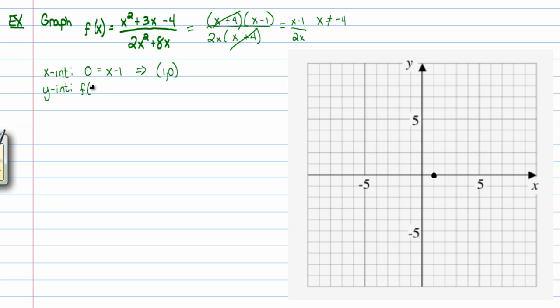Again, that's found just by letting x become 0. And I could do that in the original function here. If I let x be 0, I've got a problem. I'll have negative 4 over 0, which is undefined. So that tells me immediately there are no y-intercepts. So no y-intercepts at all.